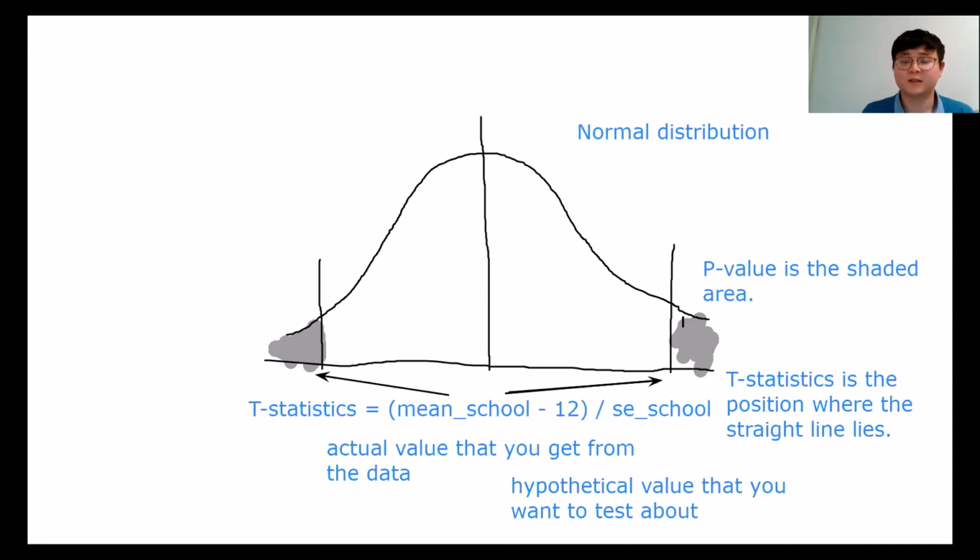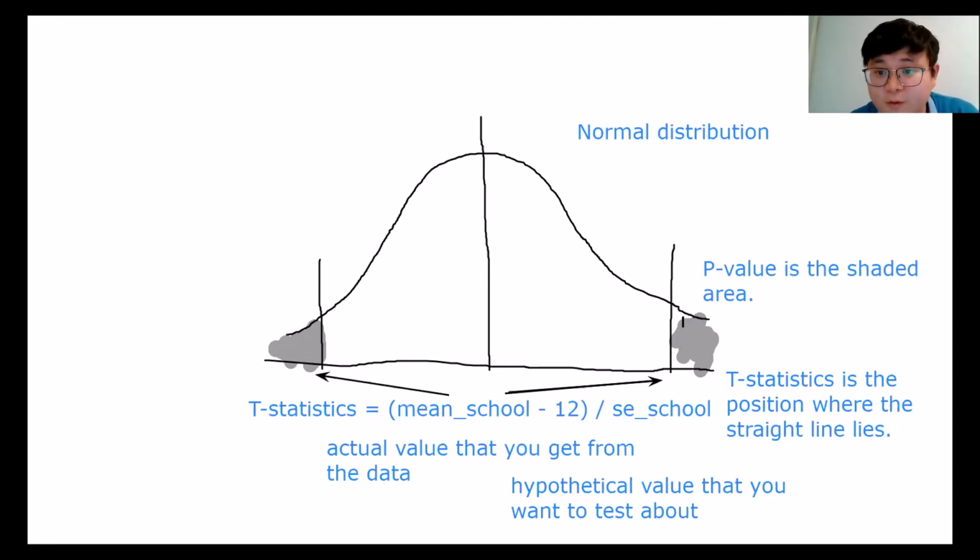Then it's also the same to calculate the standard errors. Actually it is the same as what we calculated for the confidence interval. So the way of calculating standard errors is consistent between the confidence interval and hypothesis testing.